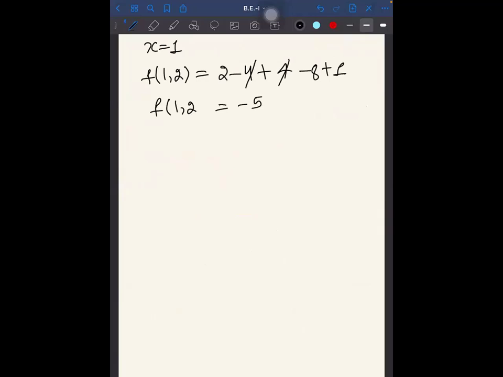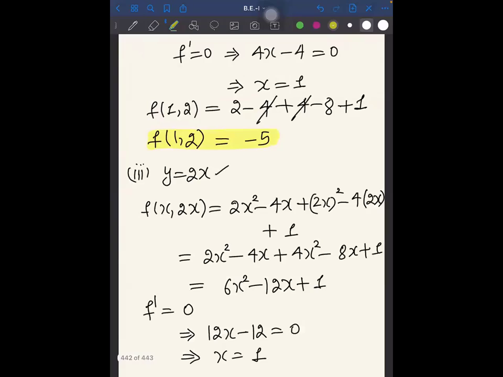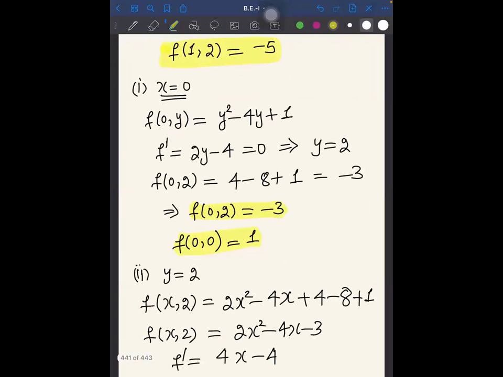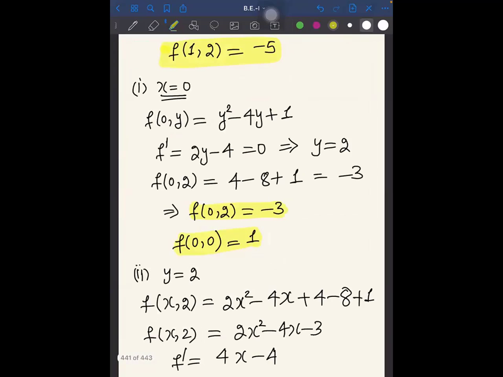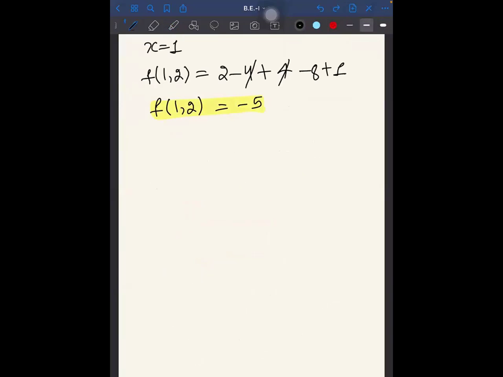So now, can you track the maxima and the minima? See, this is minus 5. This is minus 3, minus 5. So what is your maxima? That is 1. What is your minima? Minus 5. Therefore, point of maxima is (0, 0).